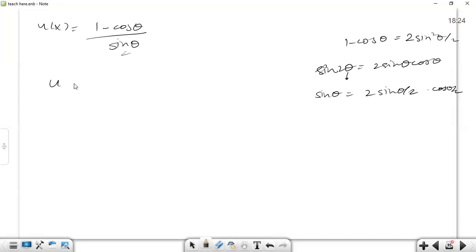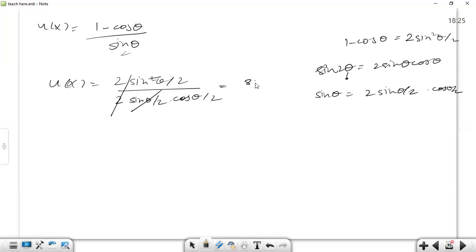So this becomes 2 sin square theta by 2 upon 2 sin theta by 2 into cos theta by 2, sorry for the bad handwriting. 2 will cancel 2, sin theta by 2 will cancel sin theta by 2 here, and it will come out as sin theta by 2 upon cos theta by 2, which is tan theta by 2.